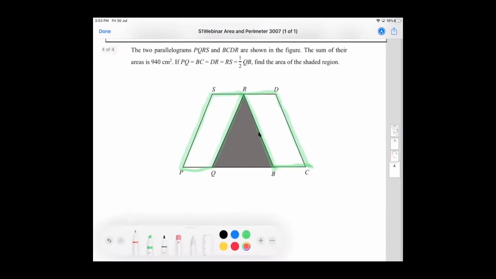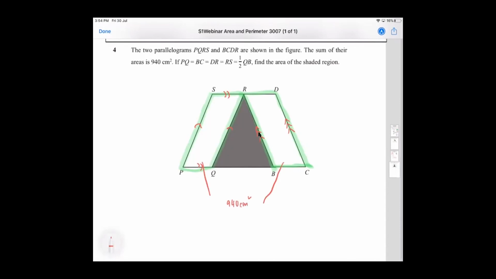That means opposite sides are parallel and equal. The sum of the areas of the 2 parallelograms, the total area, is 940. So these 2 areas must add up to 940.